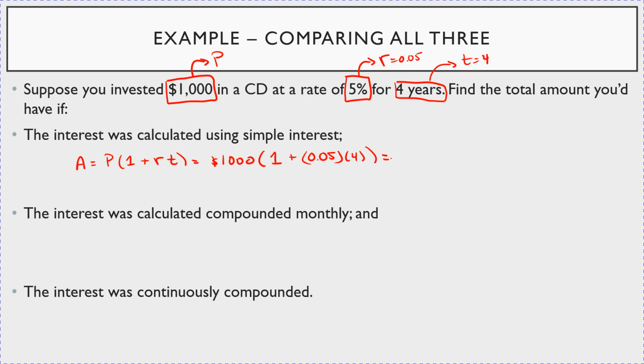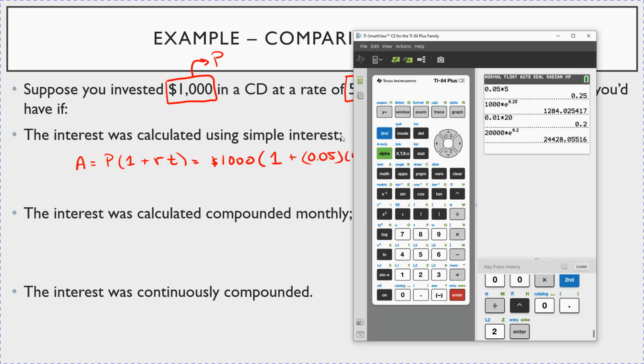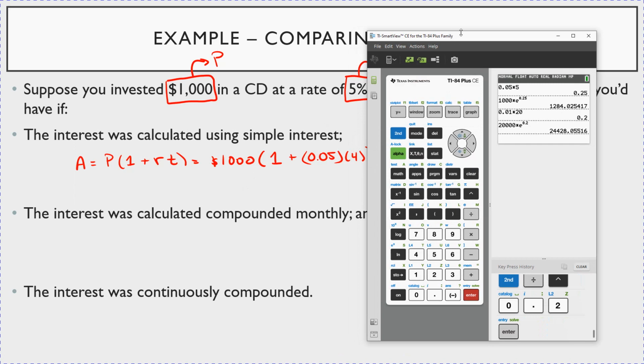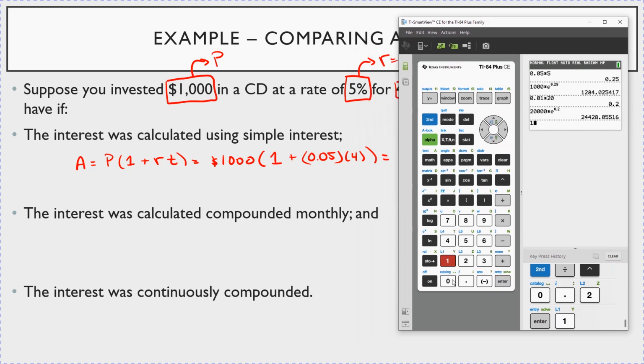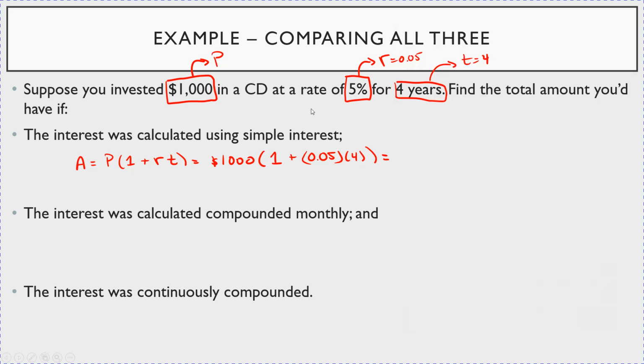Let's see how much we'd have. So it would be 1,000 times, in parentheses, 1 plus 0.05 times 4. So after these 4 years, you'd have $1,200, which makes sense, because you'd be getting $50 in interest a year here.